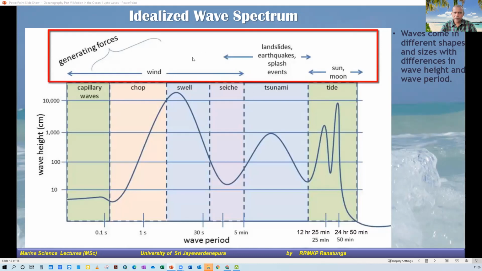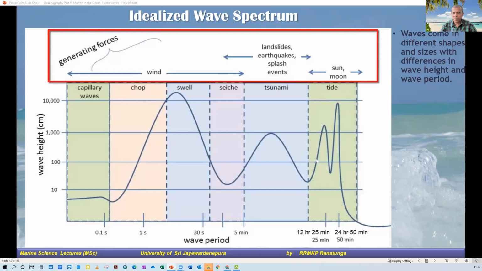As you can see here, and the other type of wave is called the tide, which we also discuss later on. The tide is also a type of wave, right? You see, there are so many different types of waves, but we talk about these choppy waves or swell or wave breakers that we usually see on the coast, but there are many other different types of waves.